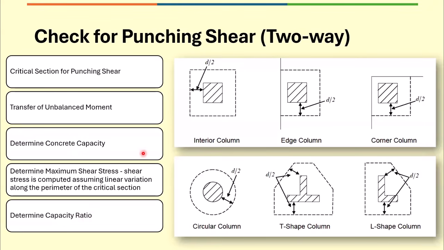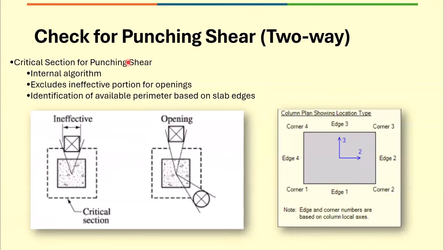So the program reports it as a DCR, not the stress value, when you bring that punching check output. So when you right click on that output, then it will give you the details of the calculation. So the punching shear check involves an internal algorithm that calculates the ineffective area and excludes it.